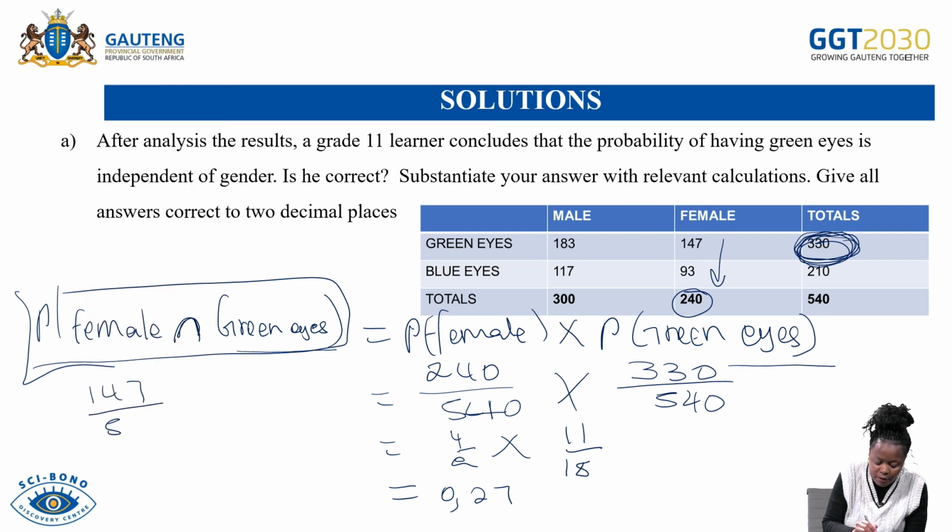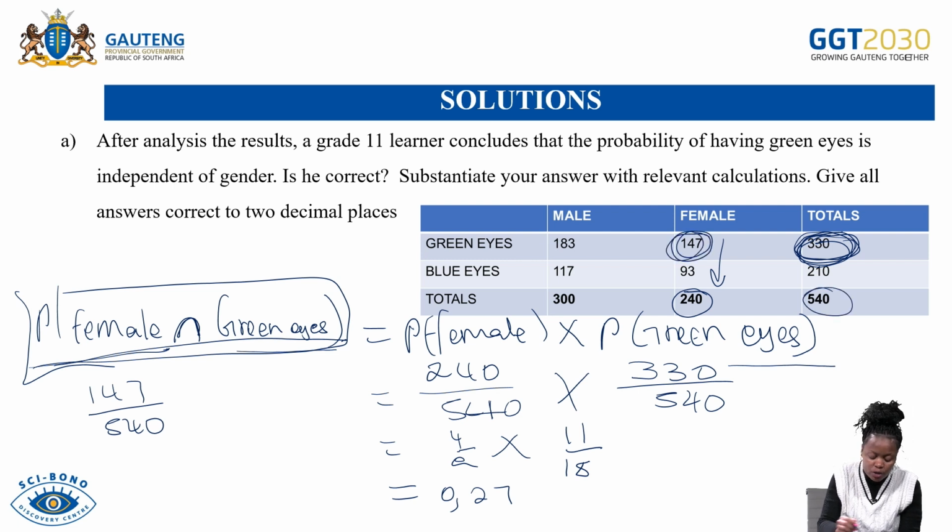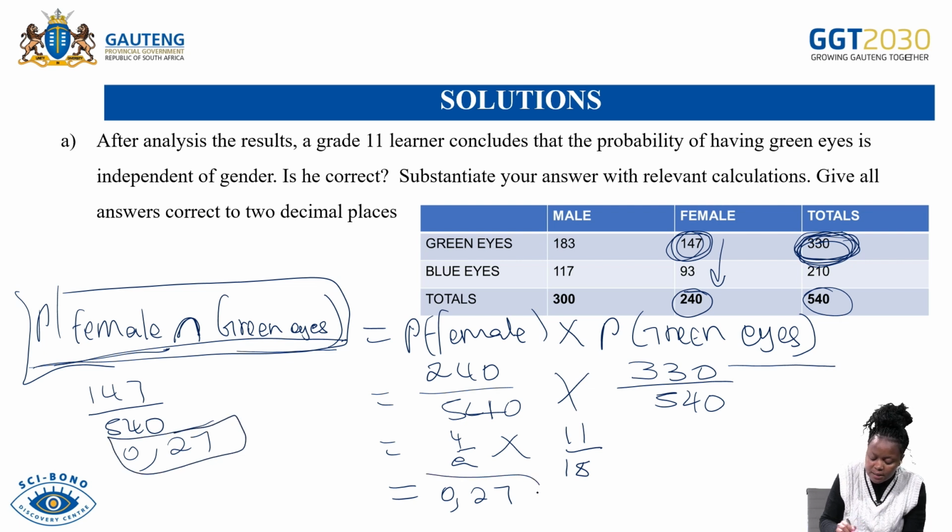Female with green eyes, it's going to be 147 out of how many people? Out of 540. So 147 divided by 540 equals 0.27. So this probability is the same as this one. So it means the learner is correct.